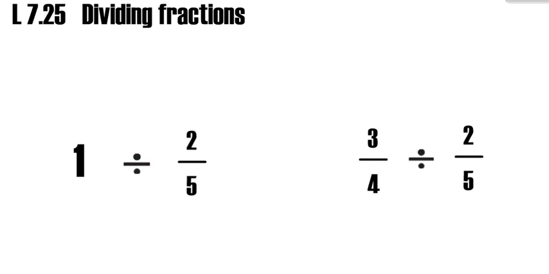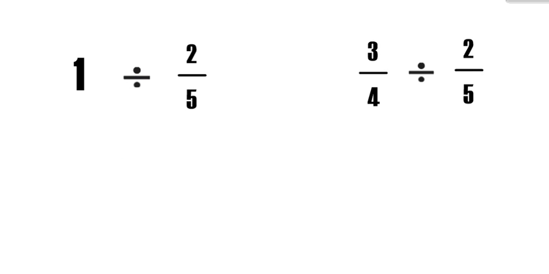As we look at our first example, we see we have 1 divided by 2/5. And so the question that we're wondering here is how many 2/5 pieces actually fit into 1. If I were to draw a quick picture here, I can draw a complete circle.